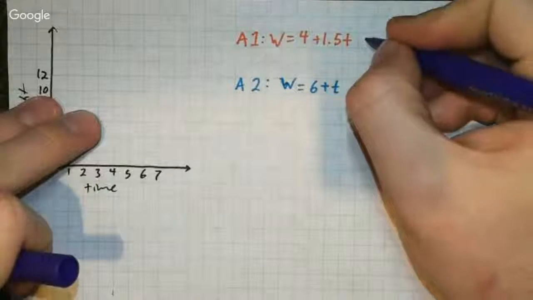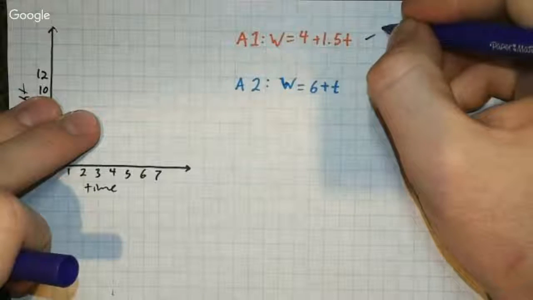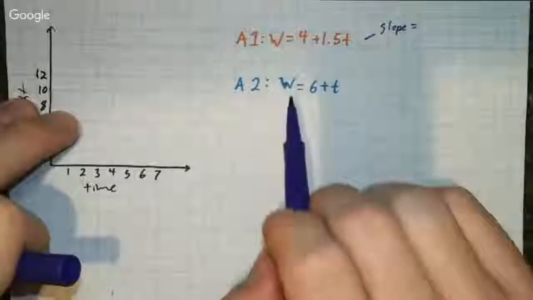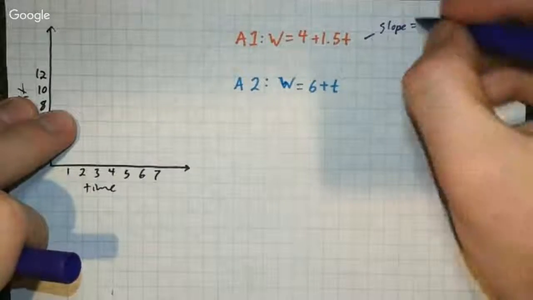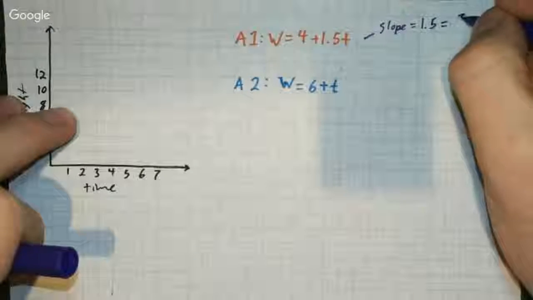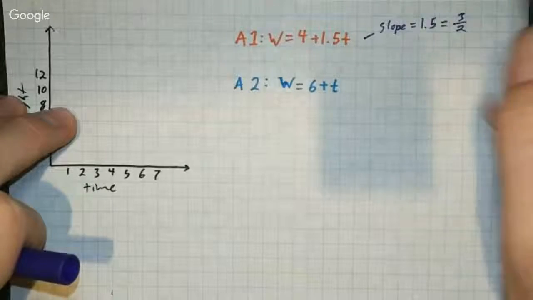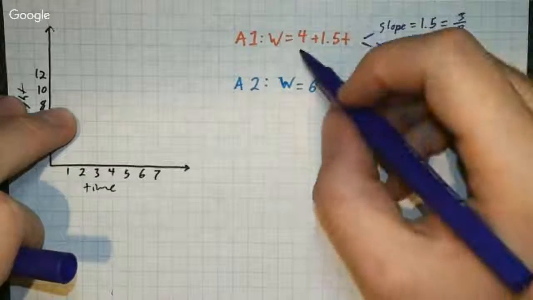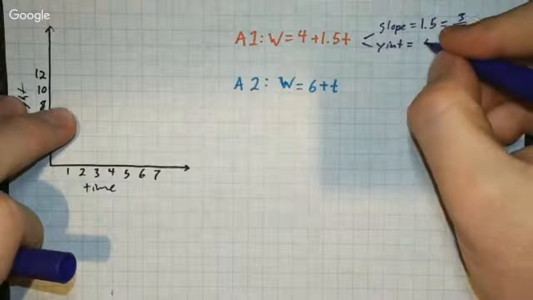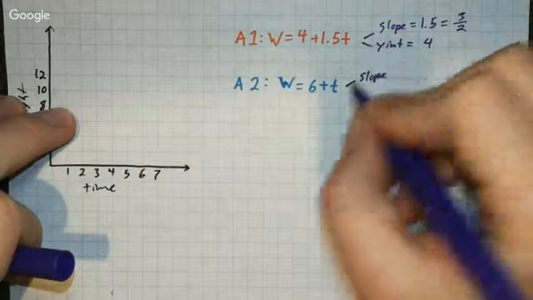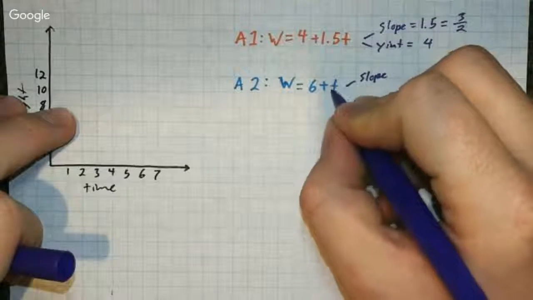Well, for alligator 1, we know the slope. The slope is going to be 1.5, which we kind of need as a fraction, which is 3 over 2. We also know the y-intercept, which is 4. Down here, we also know the slope. The slope is 1.